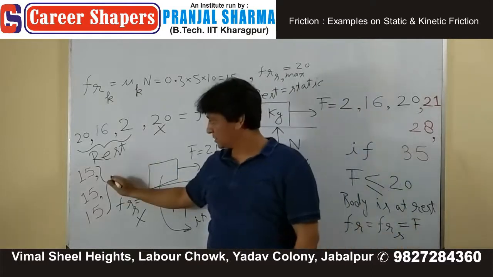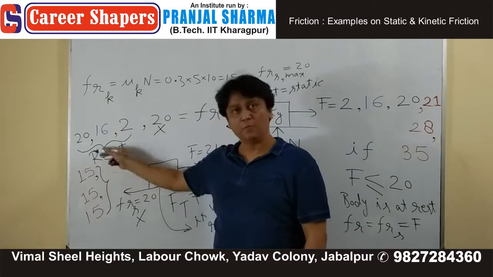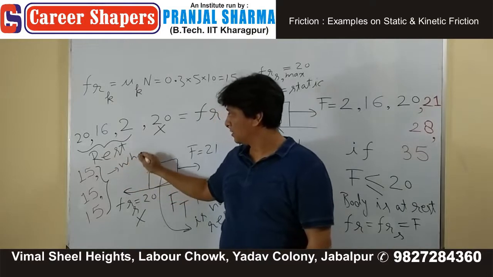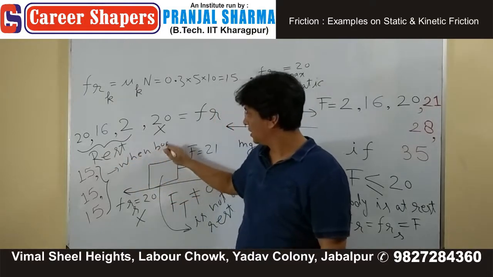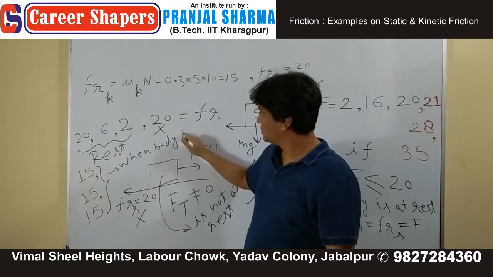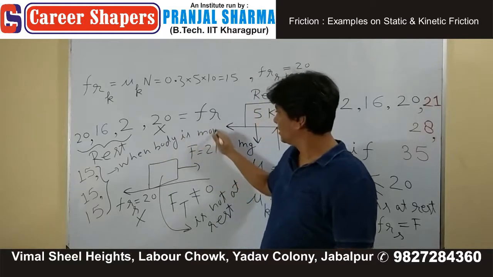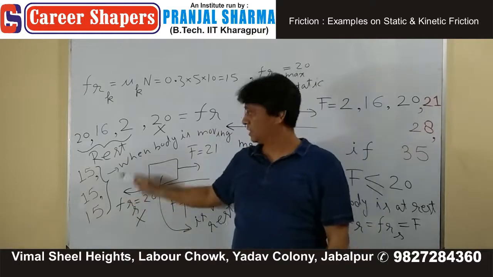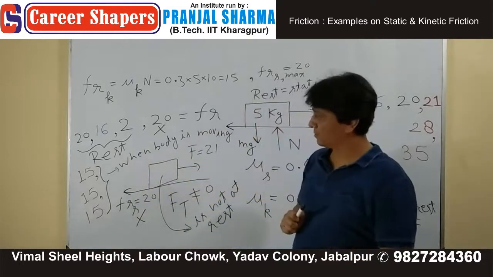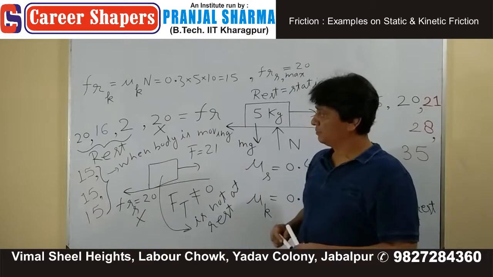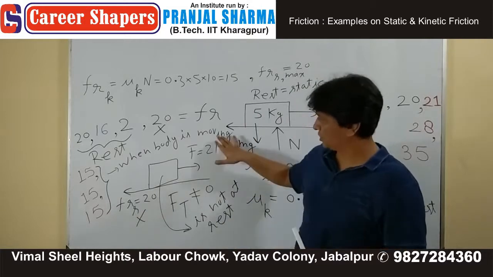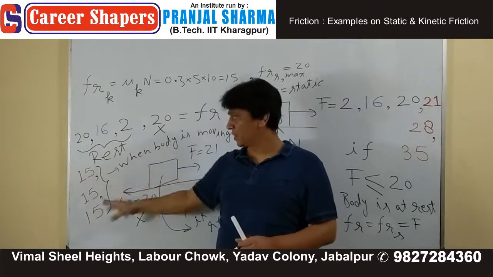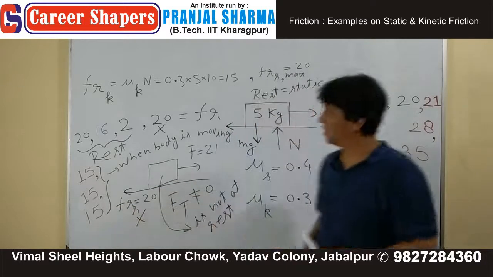So this is the value of friction when body is moving. This range is when body is moving. Just mention like this. इस पार्ट को रेस्ट करके डिफाइन कर दिया स्टैटिक पार्ट एंड दिस इज योर काइनेटिक पार्ट.